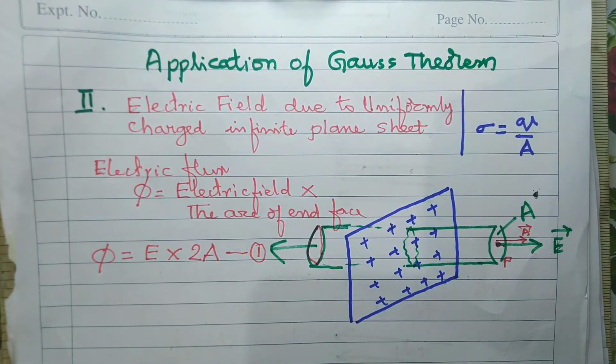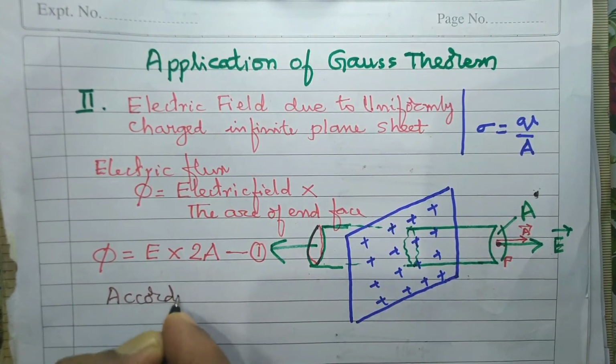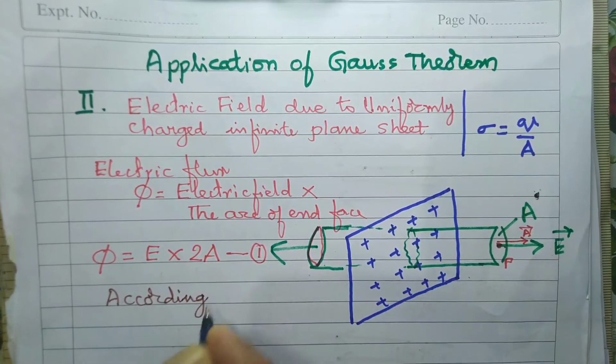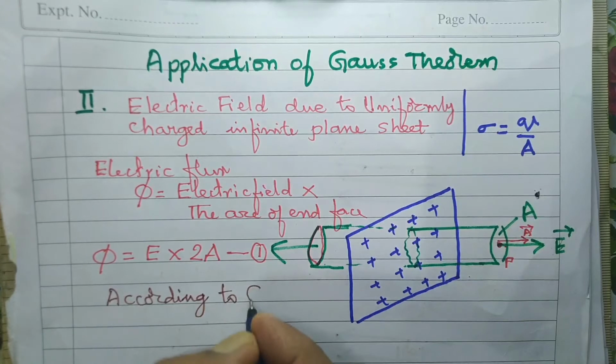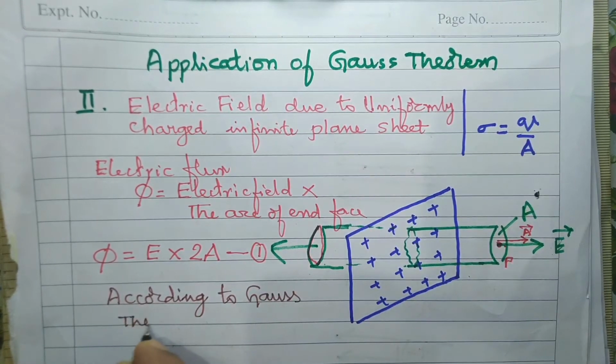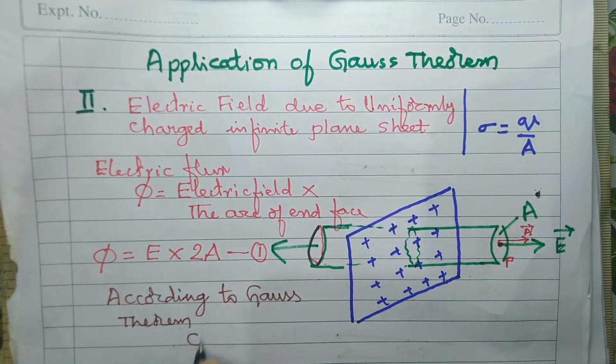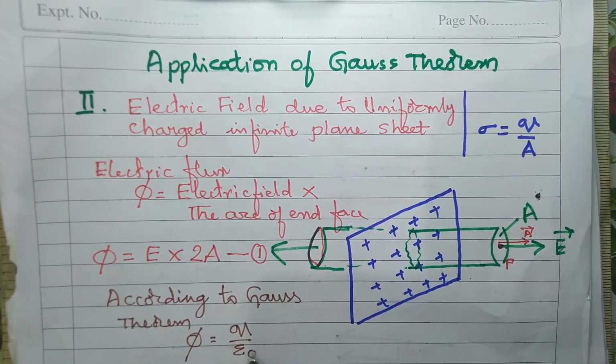Now let us see the application of the Gauss theorem. According to Gauss theorem, we have to compulsorily write that point. According to Gauss theorem, we know that phi is equal to q by epsilon 0. You know what is epsilon 0 and all those things.